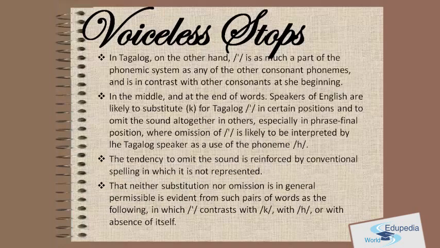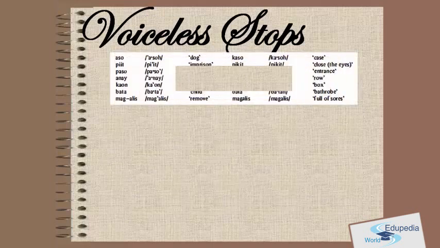That neither substitution nor omission is in general permissible is evident from such pairs of words as the following, in which the glottal stop contrasts with K, with H, or with absence of itself.